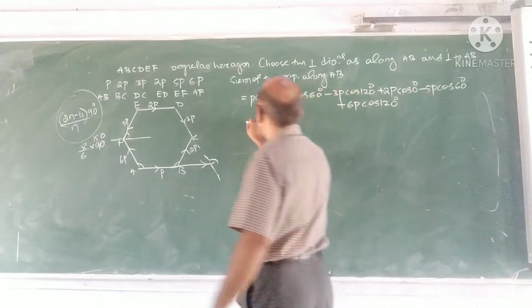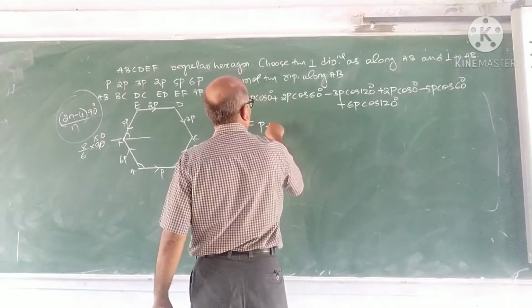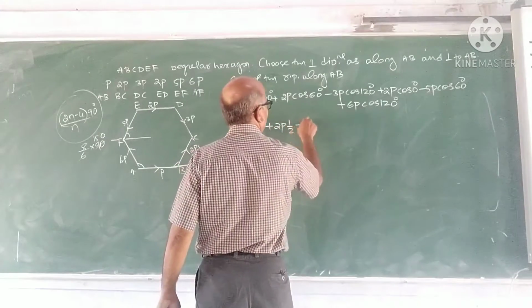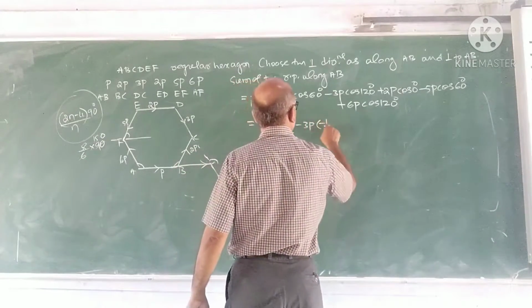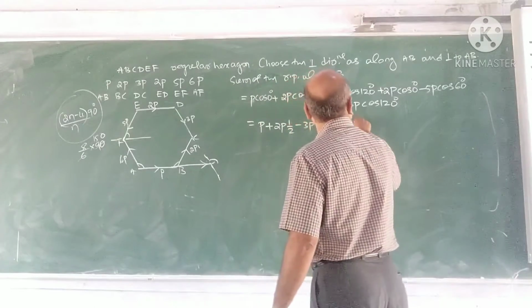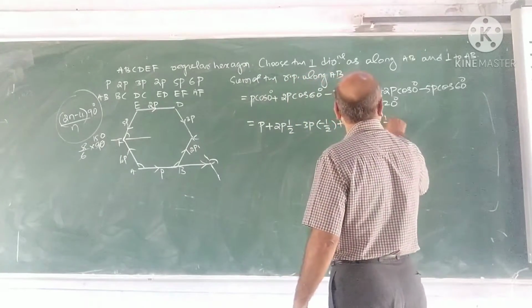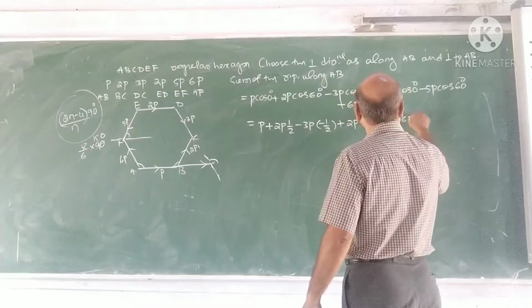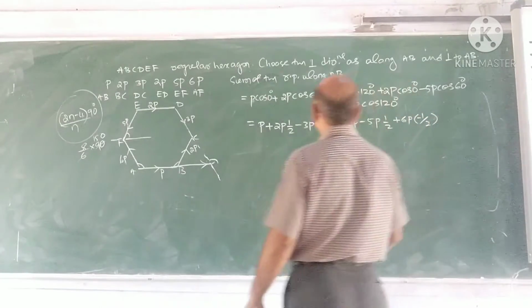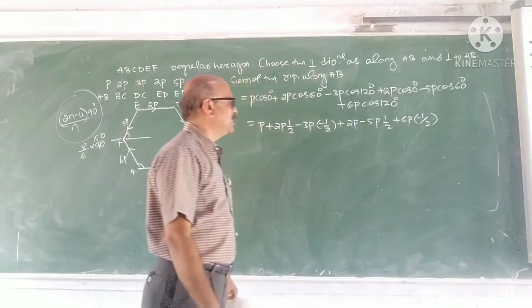Now simplify. P plus 2P into half, minus 3P into minus half, plus 2P, minus 5P into half, plus 6P into minus half.